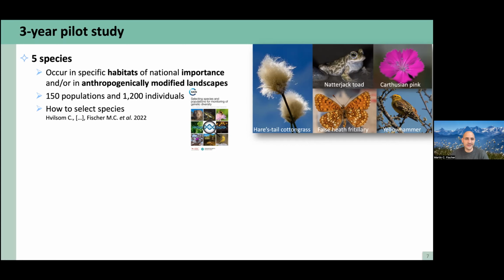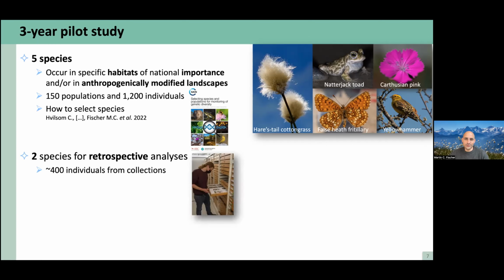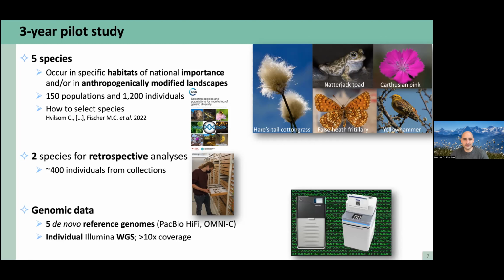So those interested, Christina Wilson has written up a nice guidance document on how you should select species for such a monitoring project. And for 2 of the species, especially for the butterfly and for the cottongrass, we also try to go back in time and get 400 samples in total of both species from collections or herbaria.